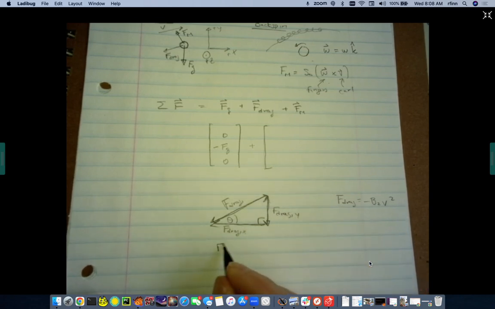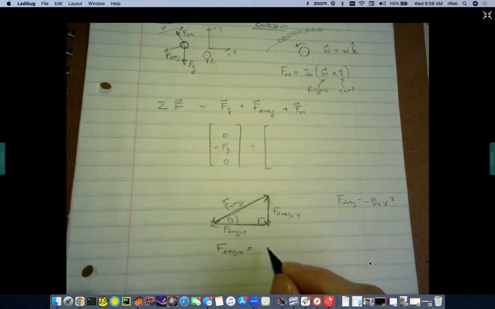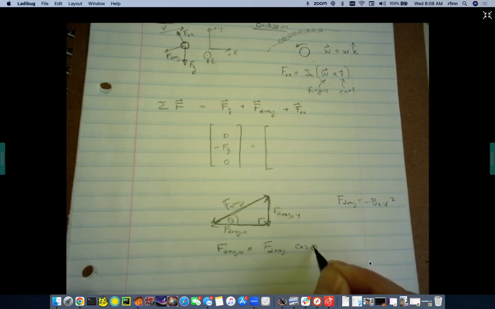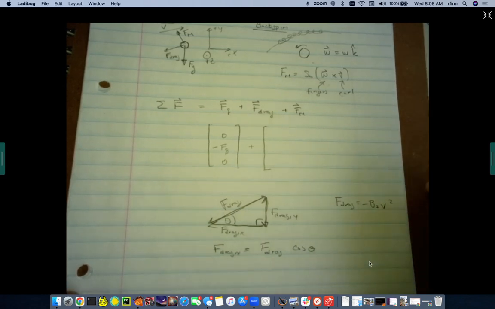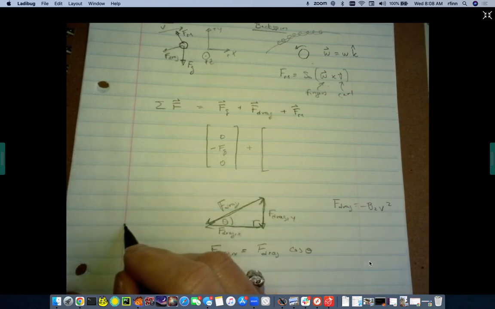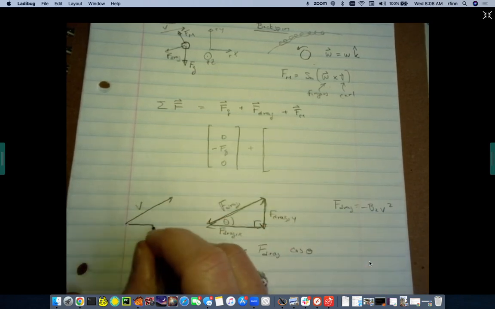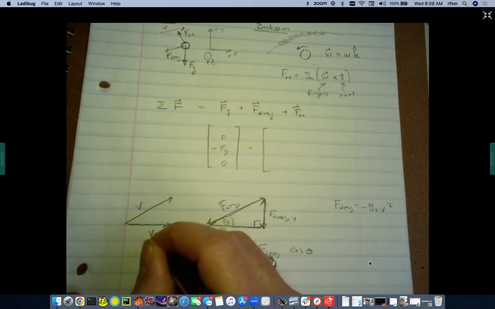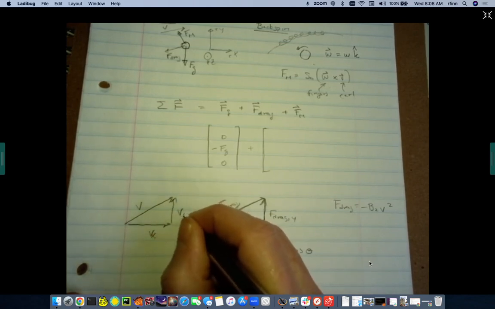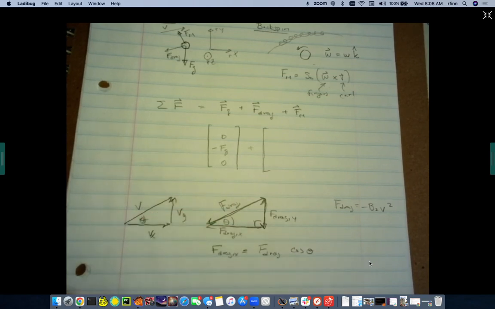Okay, so f drag x equals, so my f drag, right, the magnitude times cos theta. And we can look at cos theta. This angle is the same as what's happening for the velocity. So that's my velocity, and this is Vx, and this is Vy. Same angle, right? Because drag always just opposes velocity.